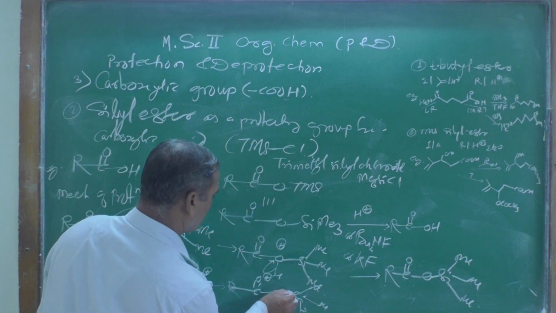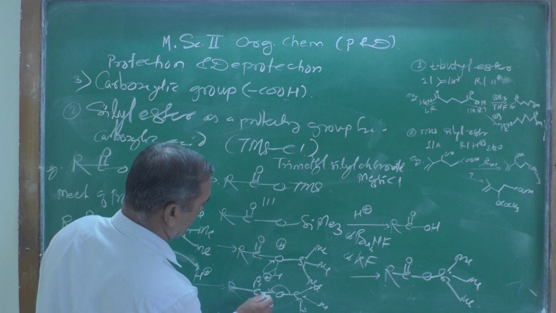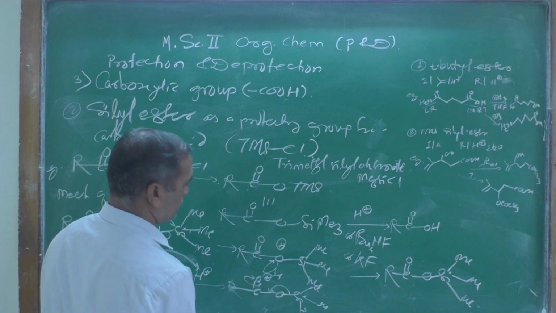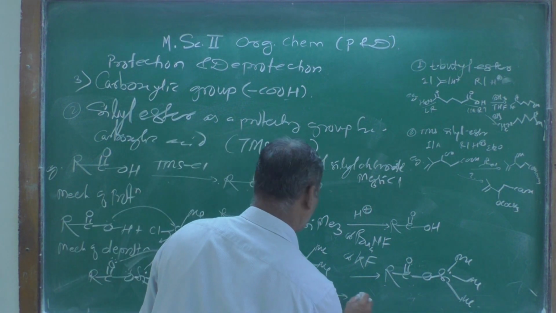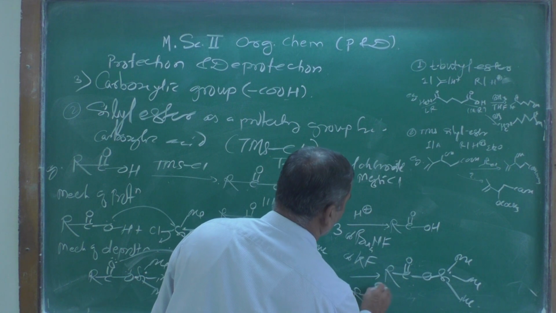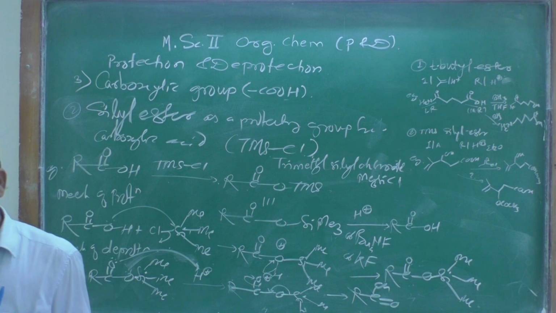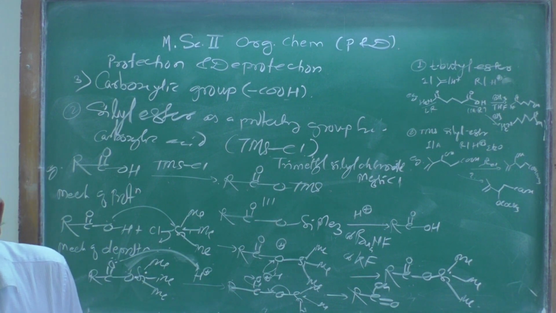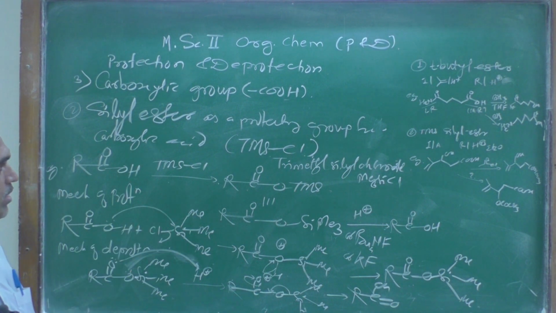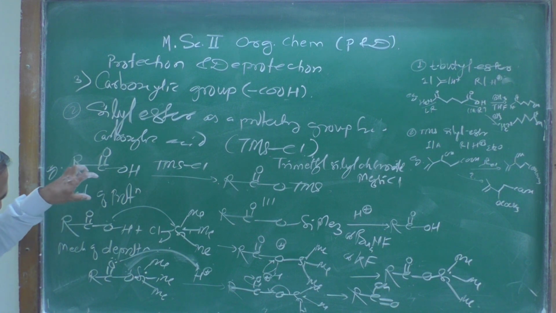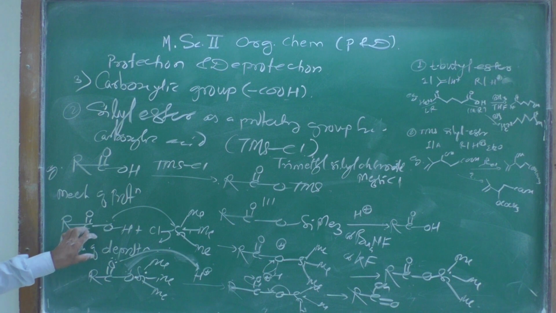Now this bond breaks from here and this neutralizes, and you are going to get R, C, OH double bond O, that is, the acid back over there. In this way we have done the mechanism of protection as well as the mechanism of deprotection.